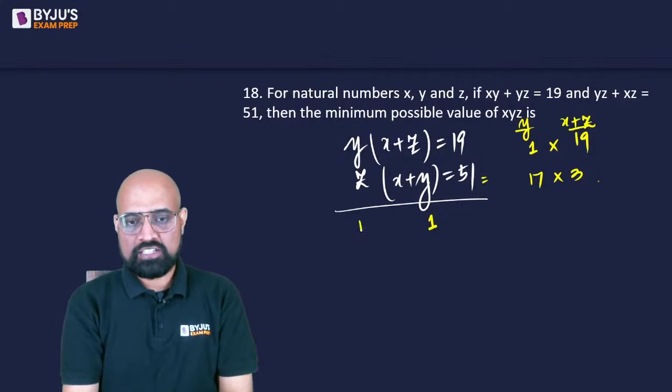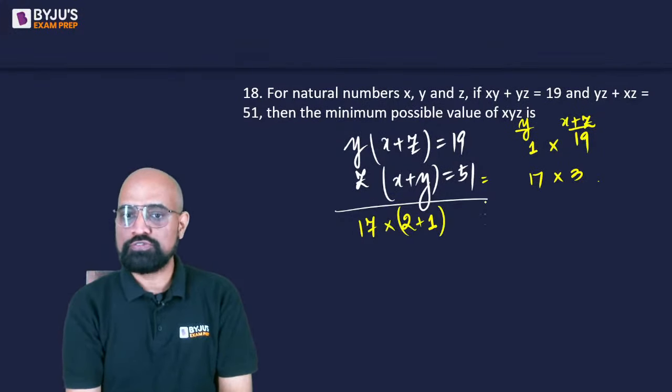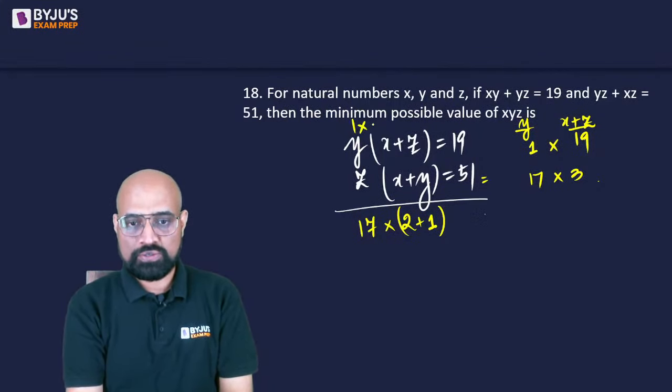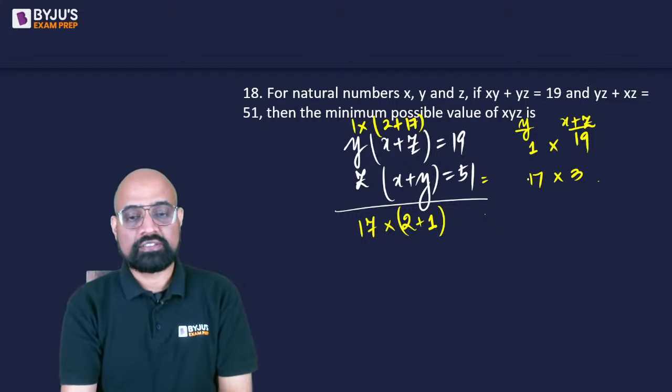So then z turns out to be 17 and x turns out to be 2, right? So 17 into 2 plus 1 is equal to 51, and 1 into 2 plus 17 is equal to 19.